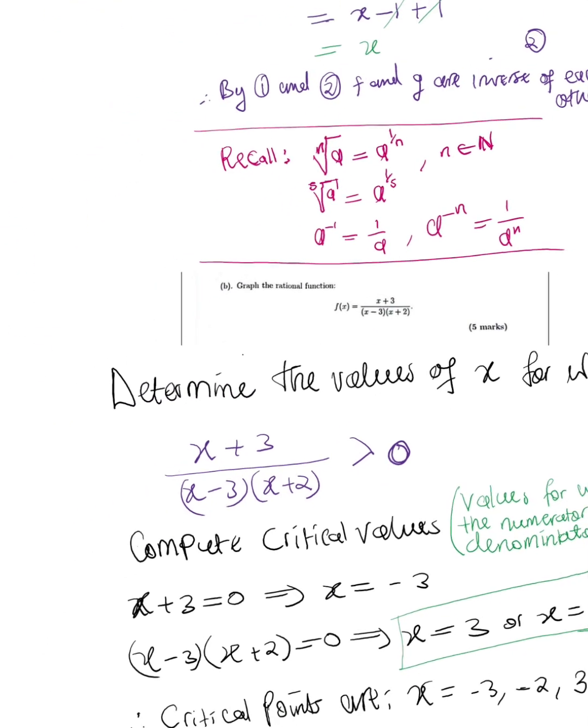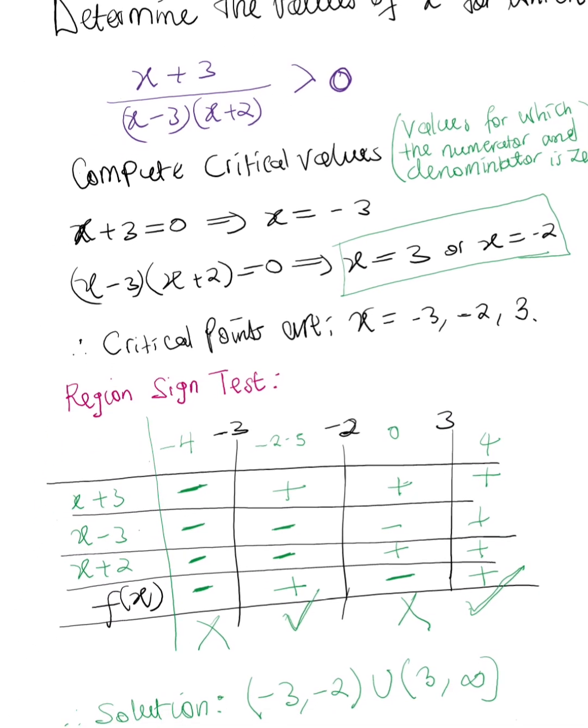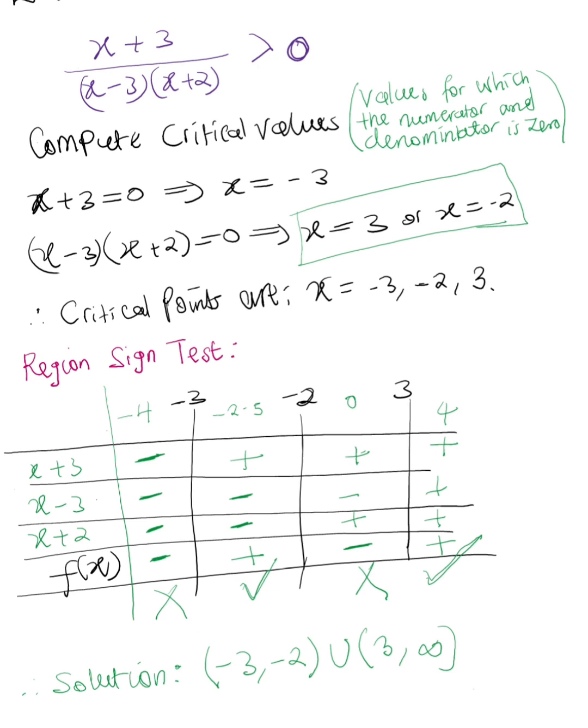Very good. The last problem, I just want to show you how to determine the values of x for which this expression is greater than 0. So this is just equivalent to saying solve the rational inequality. So whenever you are solving a rational inequality, please do not cross multiply.